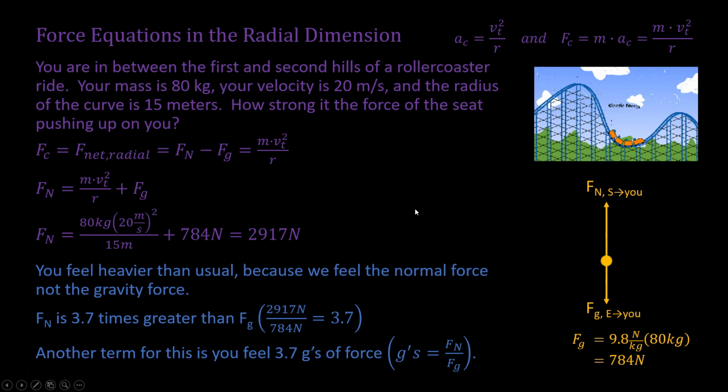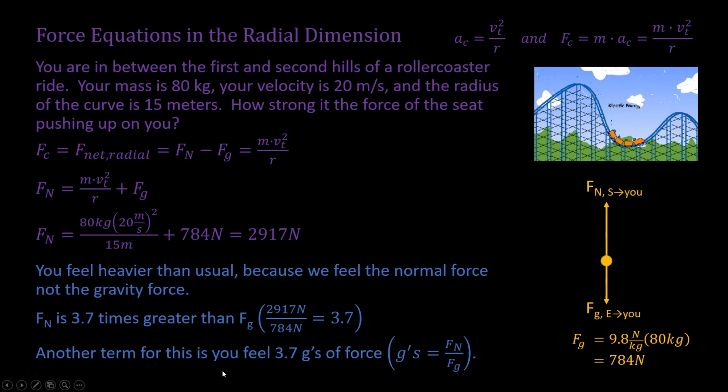The important takeaway here is that when you're analyzing forces in curved or circular motion, you still need to do a force diagram, and you still use Newton's second law to set up your force equation. It's just that for curved and circular motion, Newton's second law has a little different twist to it, in that instead of mass times acceleration, it's going to be mass times the tangential velocity squared divided by the radius.